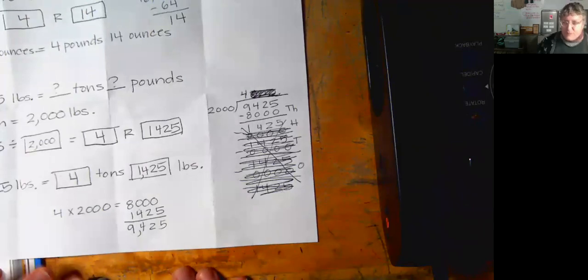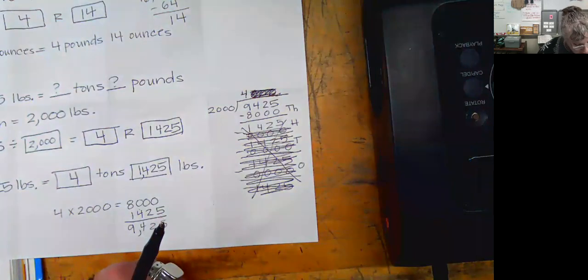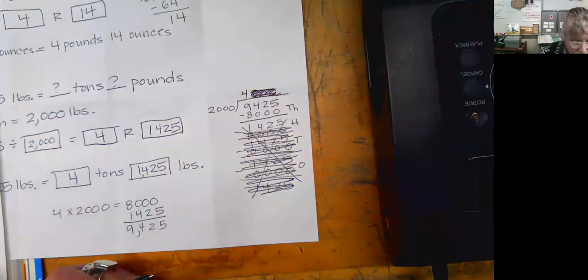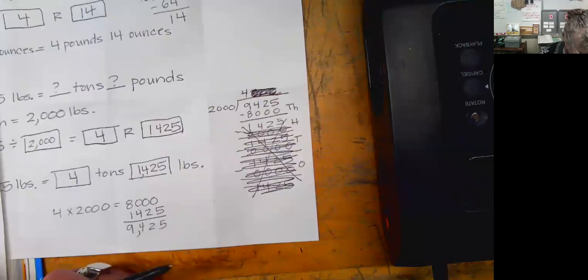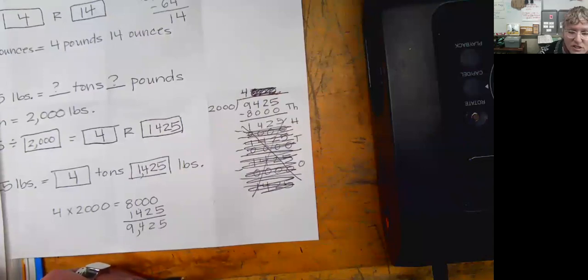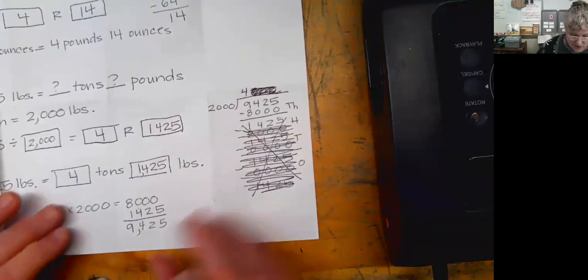So when you have something that is small and you're converting it to larger, then you're going to use division to do that, right? And we did division to do that.